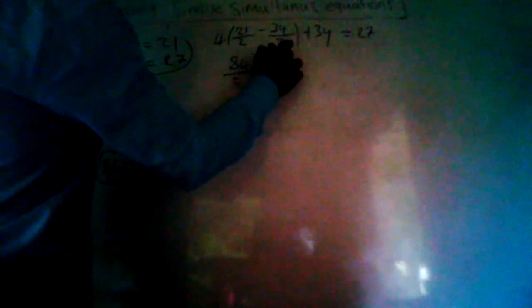So now 4 times 21 will be 84. 84 over 2 minus 12y over 2, and that will be plus 3y equal 27.